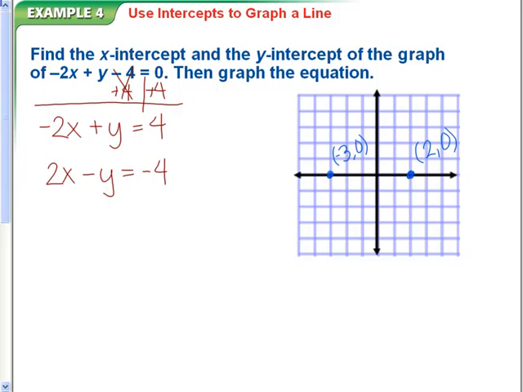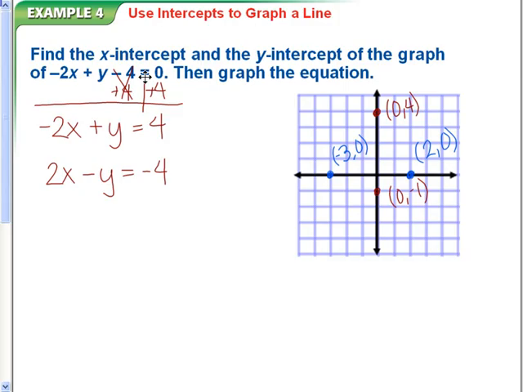It doesn't matter where I go on the x-axis, the y will always be 0. If we think about the y-axis, that point would be 0, 4. A point down here would be 0, -1. It does not matter where we go on our y-axis, the x will always be 0.